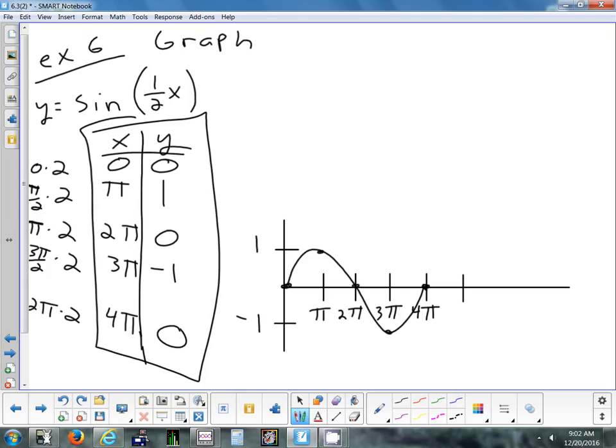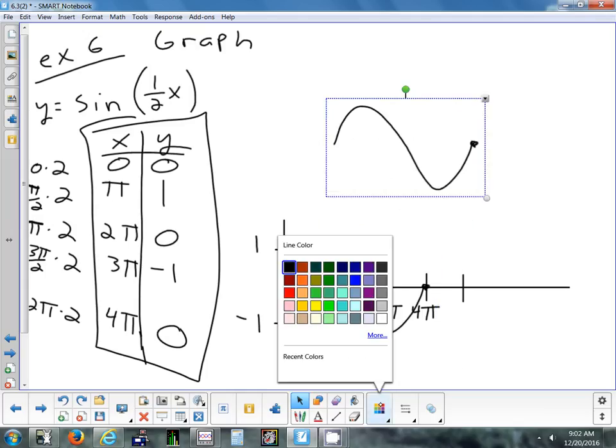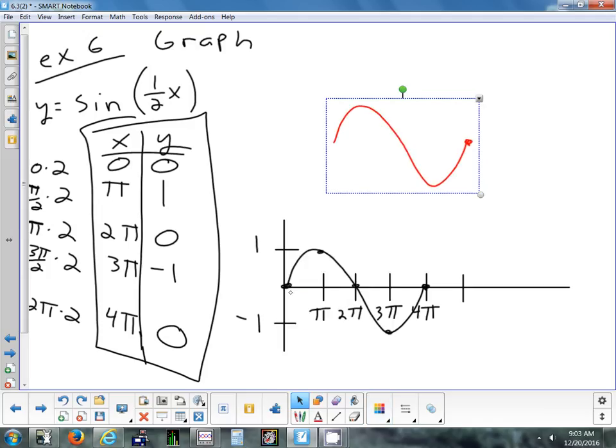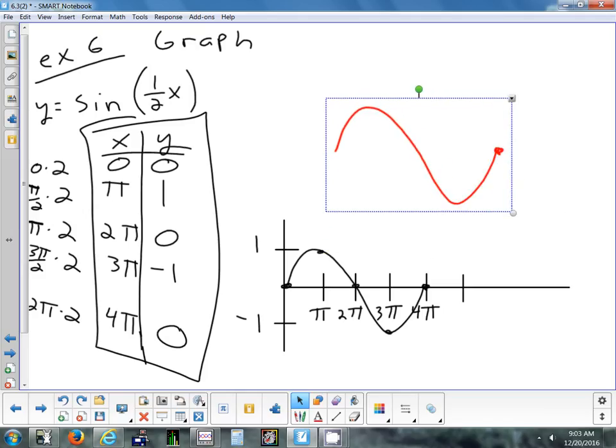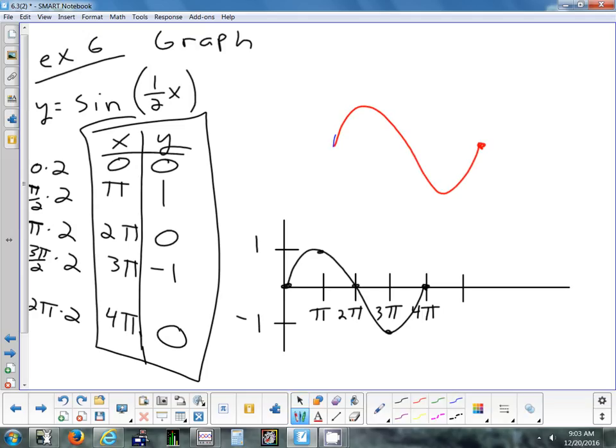The original graph, if I were to do that one, as you will have to do in the homework, put the original in red. It's not letting me. I'm trying to not stretch it proportionally, and it's not going to let me do that. Let's see if I can do this.